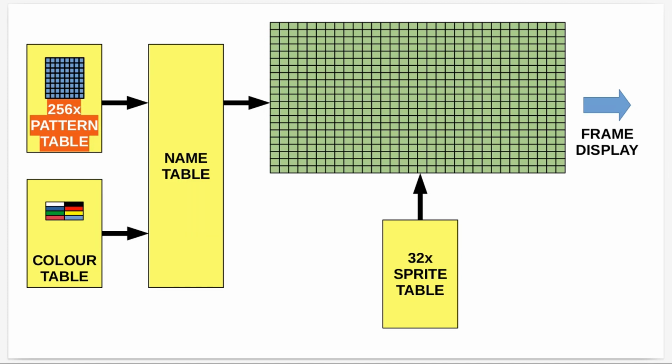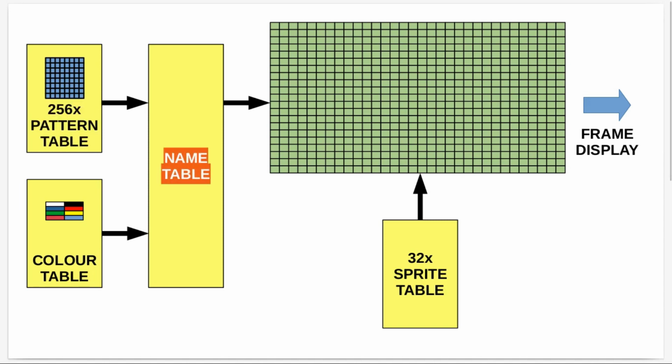Even the ZX Spectrum, some of the characters you could actually redefine, and it's basically the same as that. You just define each row of an 8x8 grid as hex numbers, and the name table maps each of those patterns into the actual display frame.